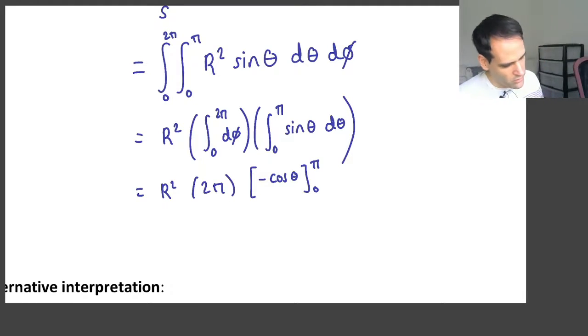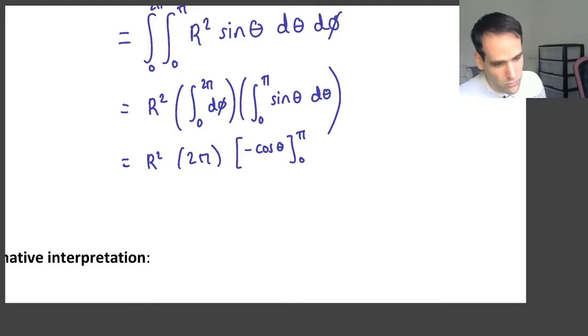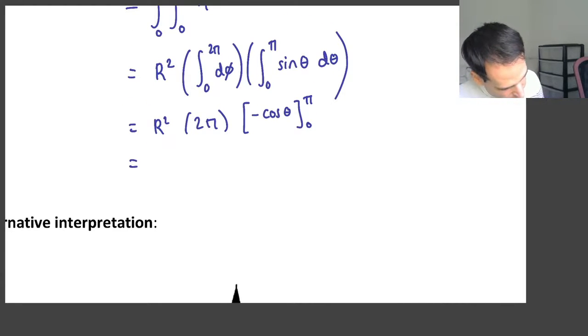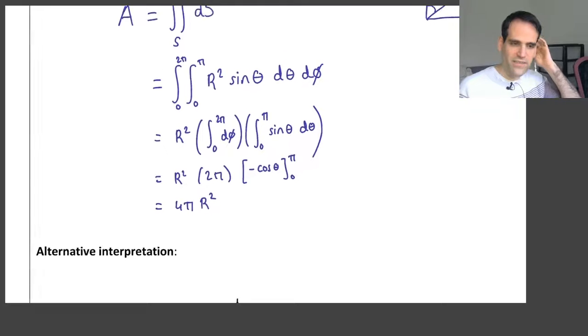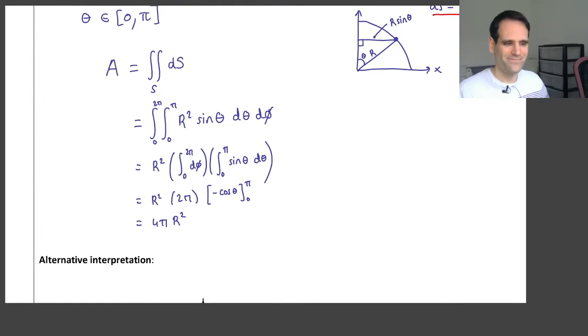Okay, so this will be equal to minus minus 1, which is 1, minus 1, so it's 2. Okay, so the final answer is 2 times 2, 4 pi r squared, which is equal to the surface area of a sphere.